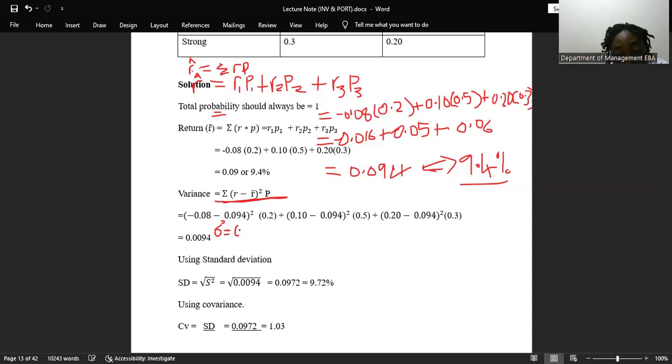Breaking down there, that will be R1 minus expected return times P1.